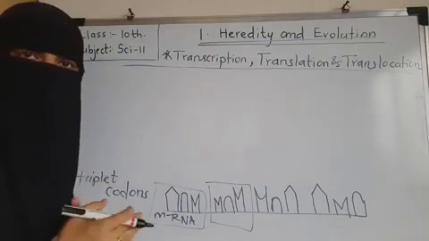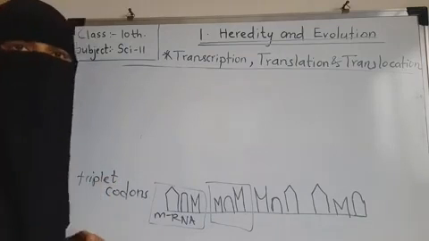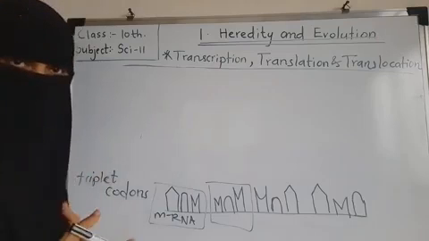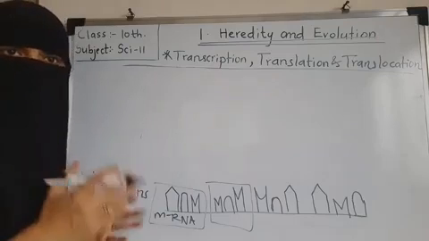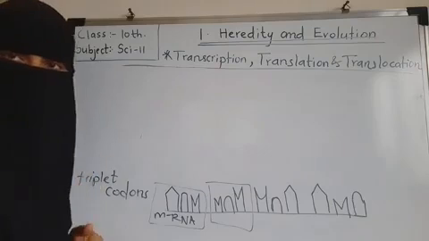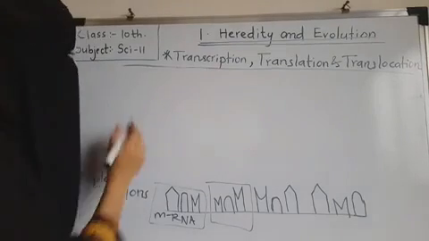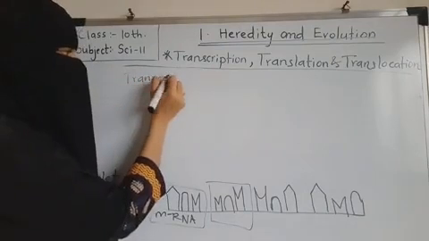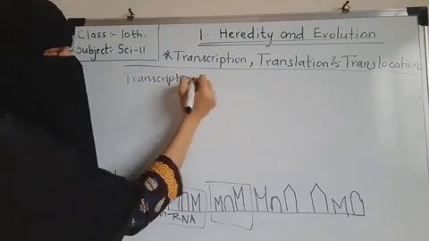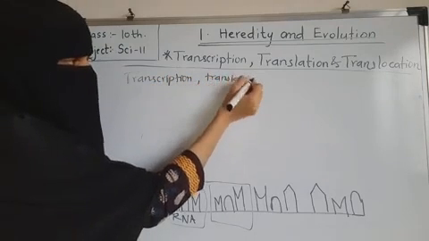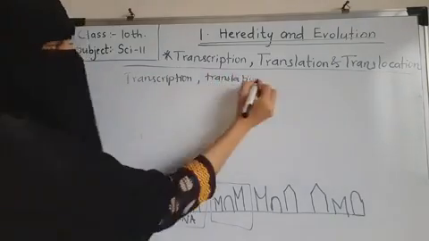And as per the codon on messenger RNA, amino acids are supplied by transfer RNA. Okay, and this process is called translation. So first we have seen transcription, then translation.